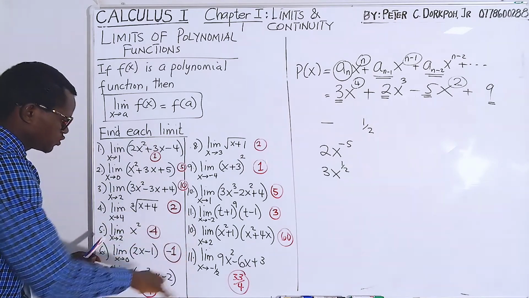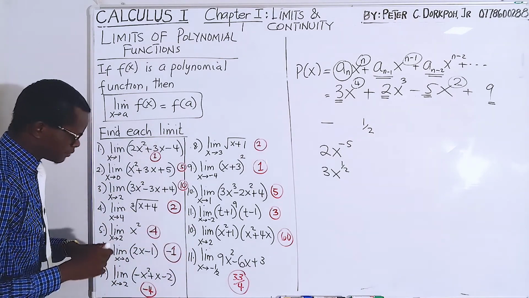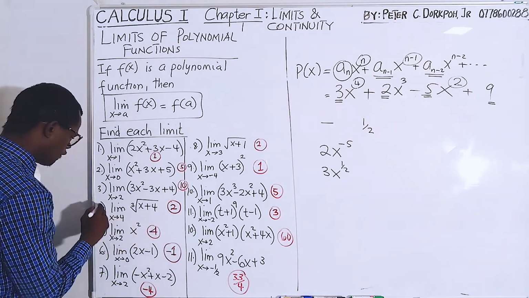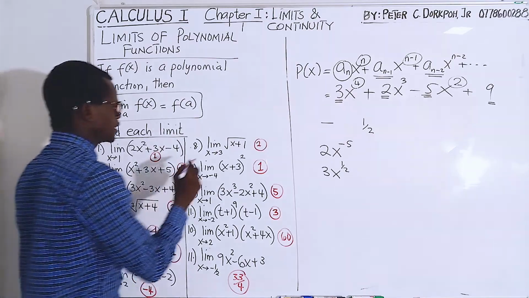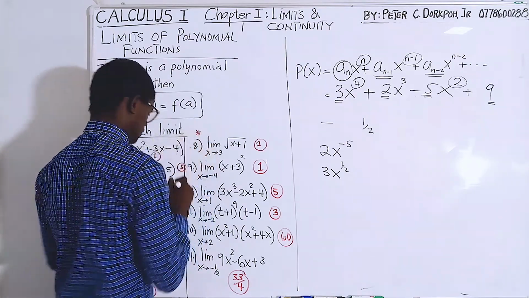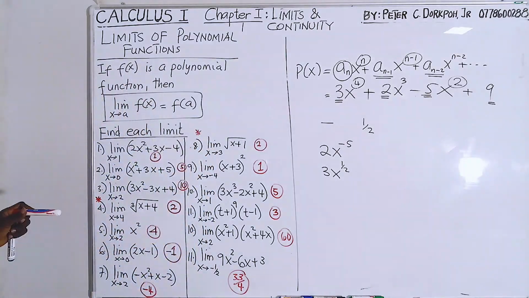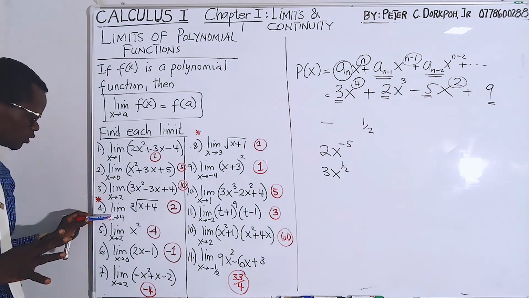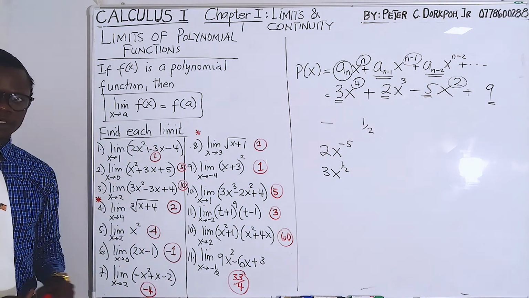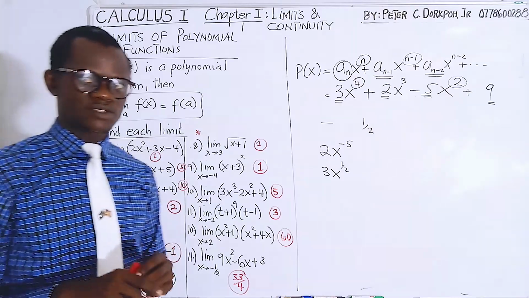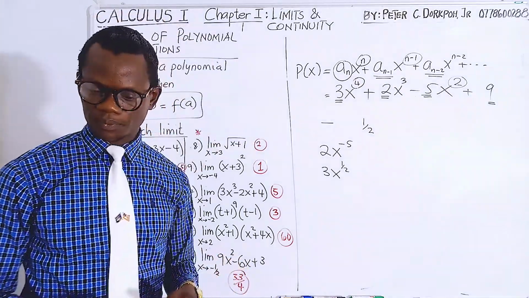So all of these functions are polynomial functions except question number 4 and question number 8. We just want to treat them as they are, though they are not polynomial functions, but we will still solve them to give you a little insight on what we're going to do ahead of us.